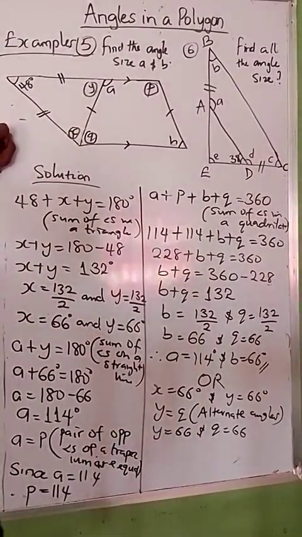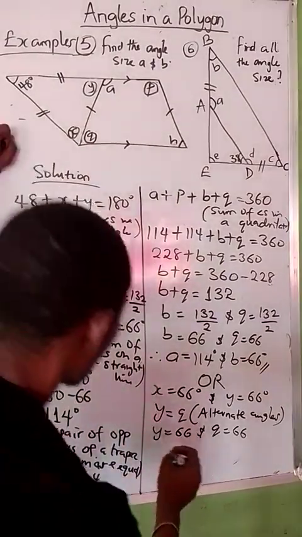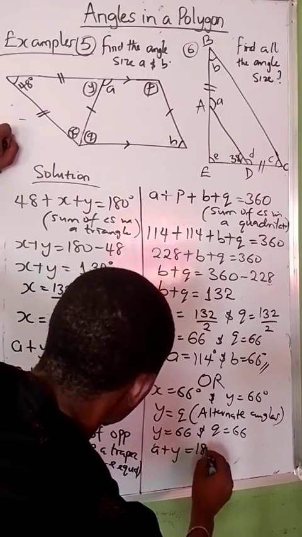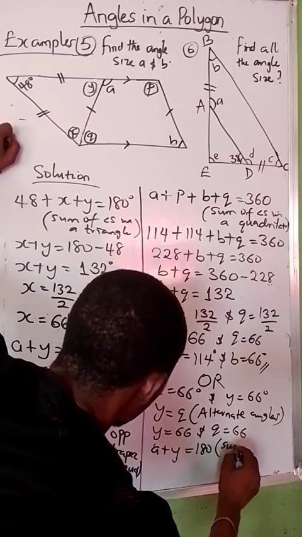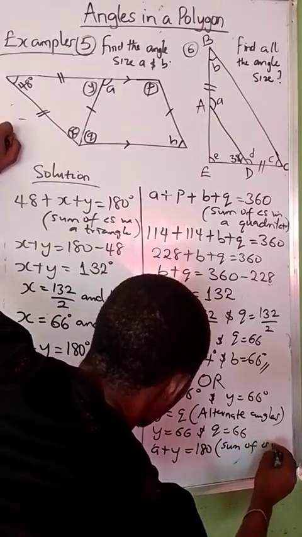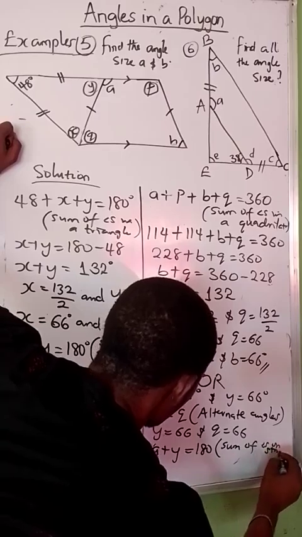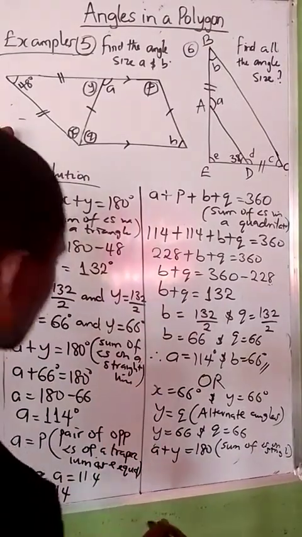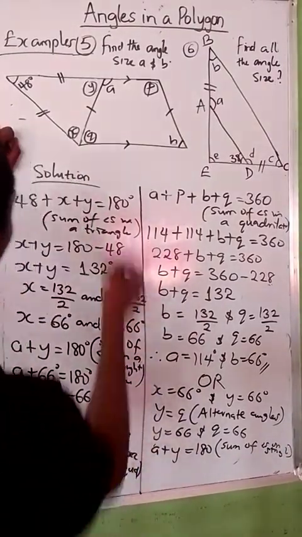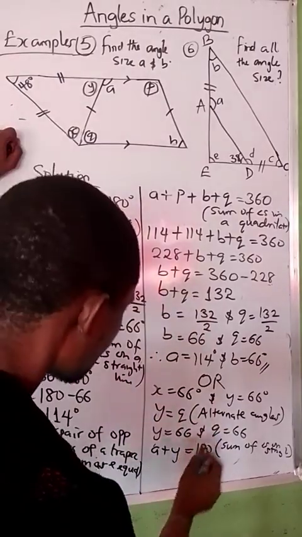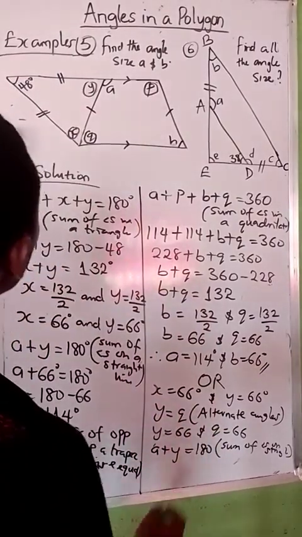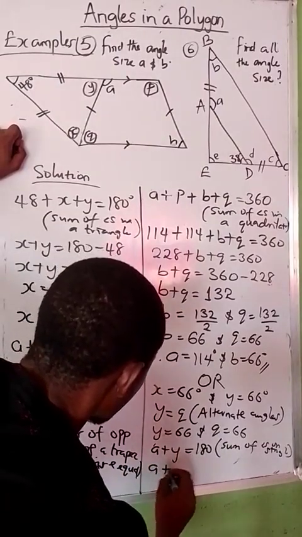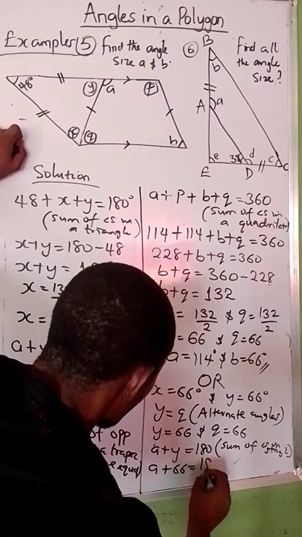Since Q is 66, then you get your A likewise. I'm going along a straight line. A plus y equals 180, sum of angles on a straight line. Our y is 66, so A plus 66 equals 180.